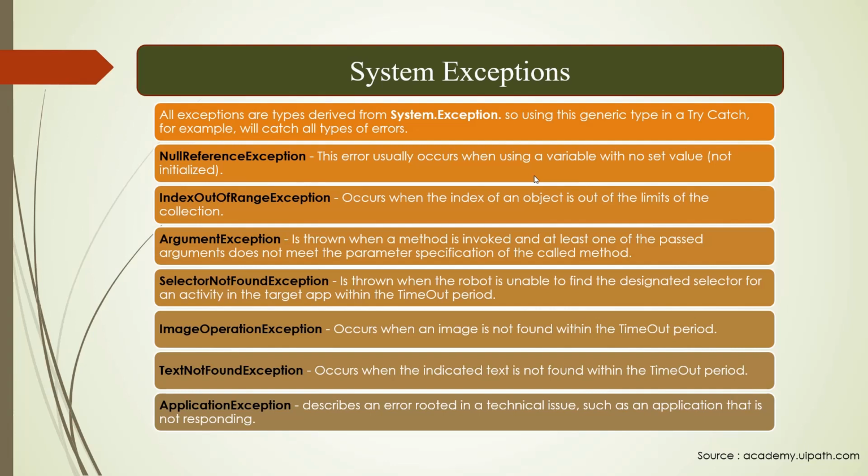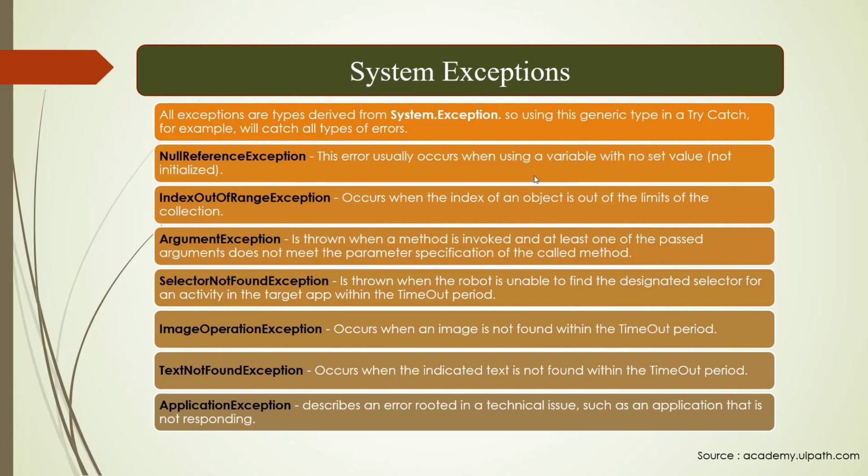Now a system exception typically occurs when you have made some kind of coding or programming error. Let's say a null reference exception: you have used a value and that value is initialized to null. Another exception could be the index out of bound exception.